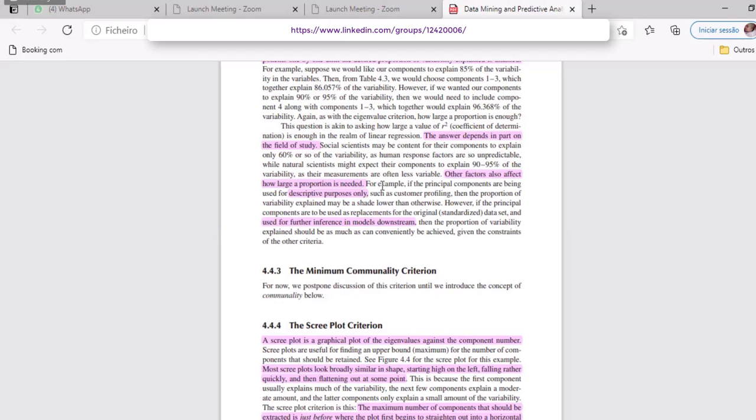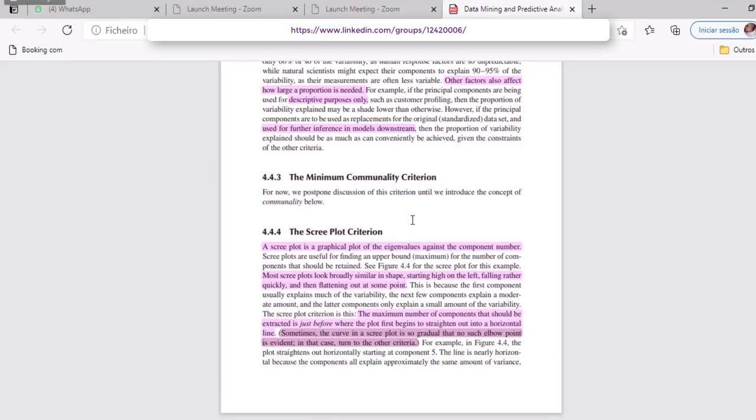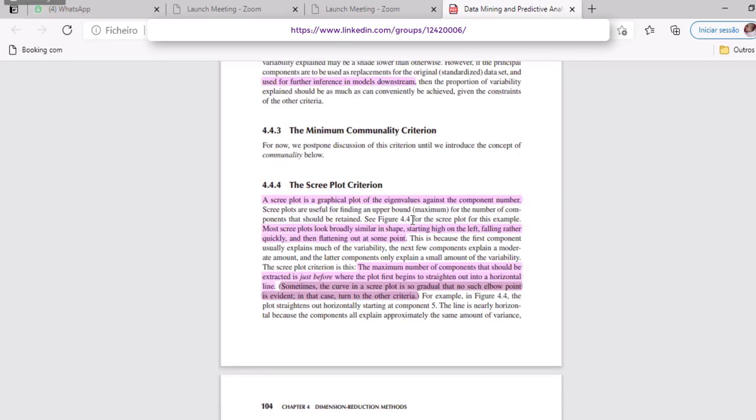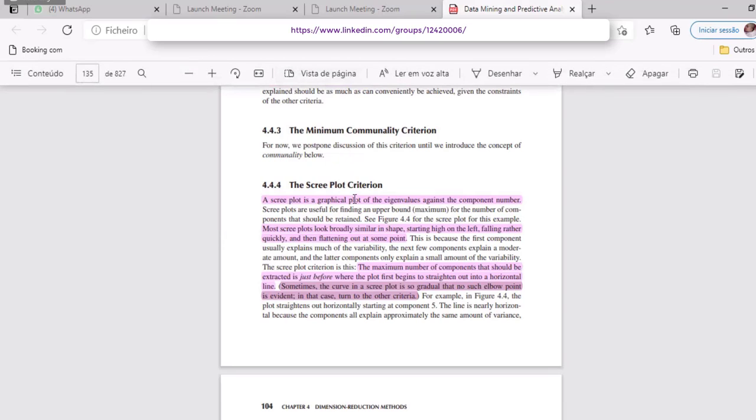But if you are going to input these components into your model to make inference or to predict, like we are doing in this class, maybe it's best to search for higher variability, and then you should include more components.